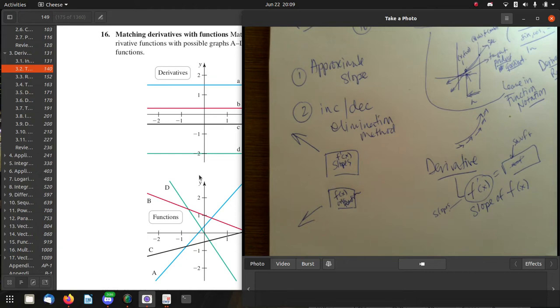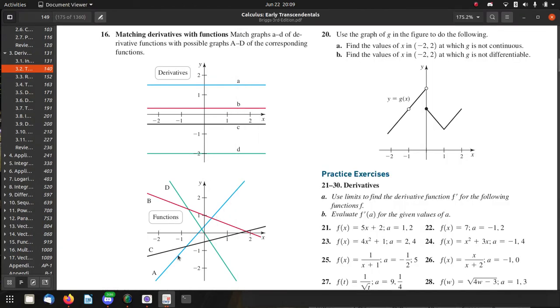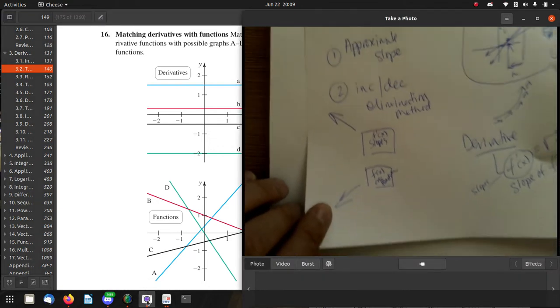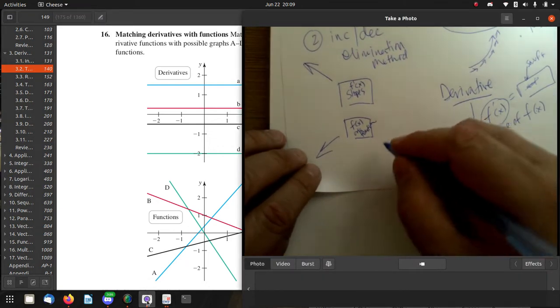So we're going to start with the original function, and there are two things I notice about graph A. First, that it's increasing along with C. And increasing means positive slope, and we see only two lines here that are above the x-axis. So if you're new to this, you want to start building some patterns.